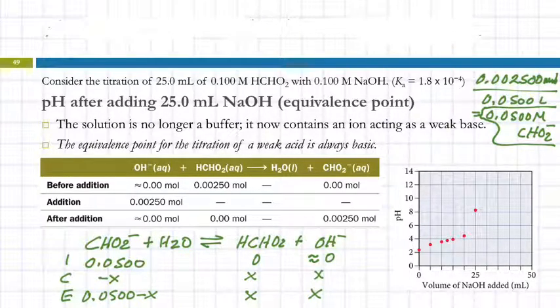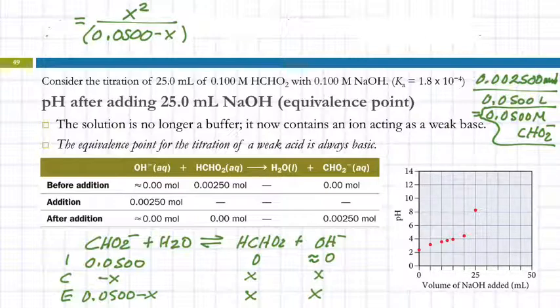So I can set up an equation for that, right? Where I've got x squared over 0.050 minus x.